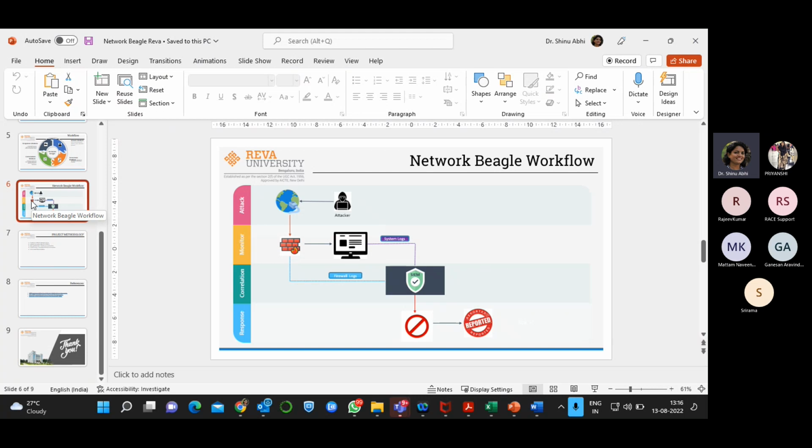When we talk about a log coming through network traffic, a log by itself does not give you any idea of what the incident is, right? You have to have a correlation engine.